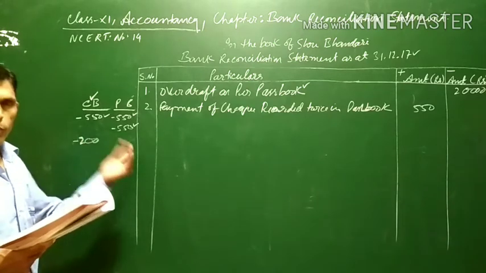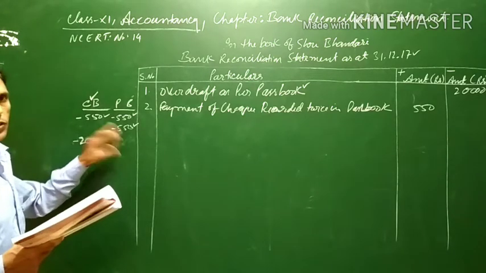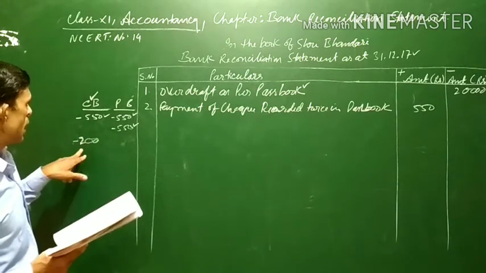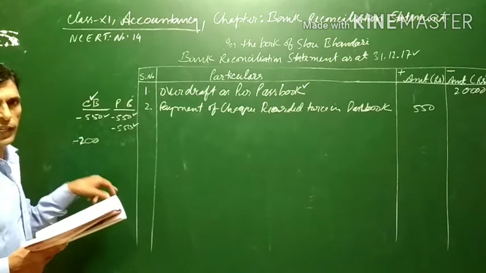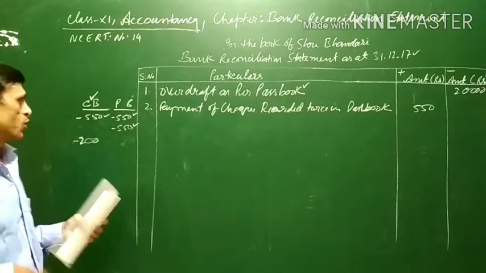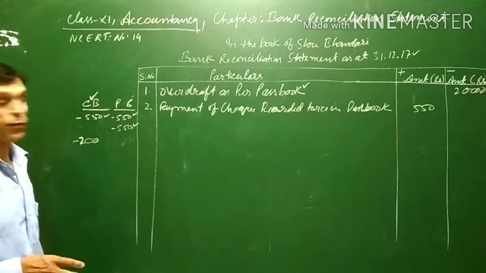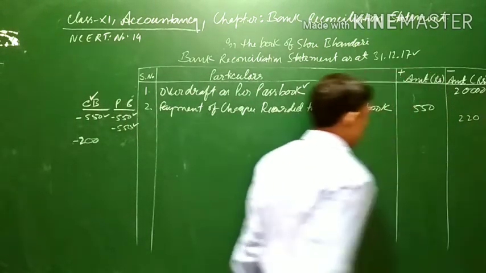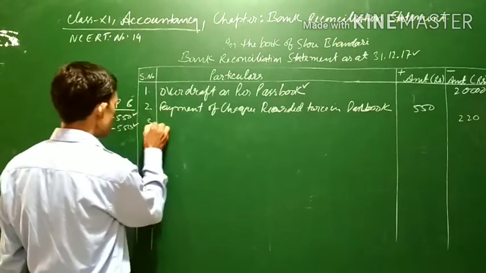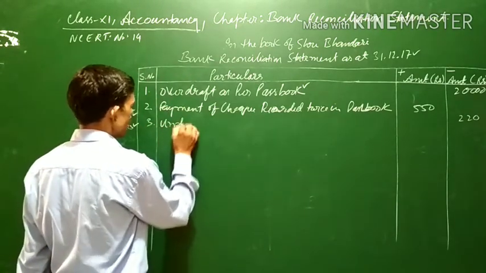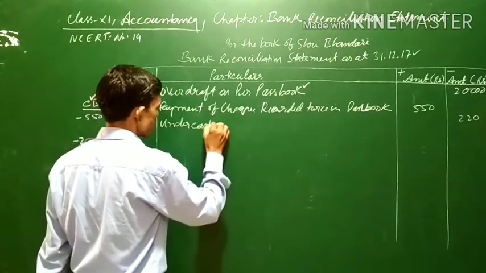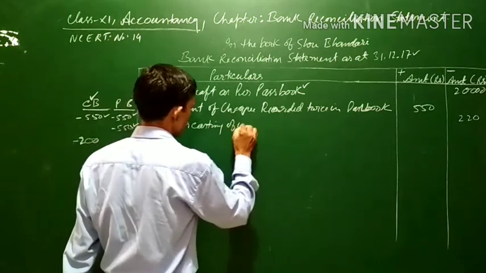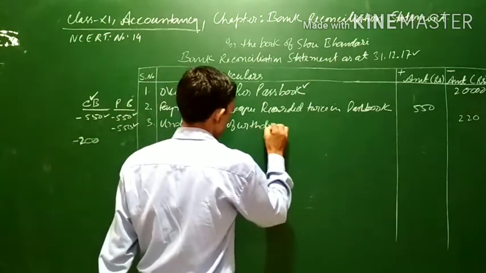Actually 200 more withdrawals should have been shown in the passbook, but they are not reflecting. In the cash book, 200 less balance will be reflecting. Since there will be a lesser balance in the cash book, this 200 will be recorded in the minus column, and we will be writing here undercasting of withdrawal column.